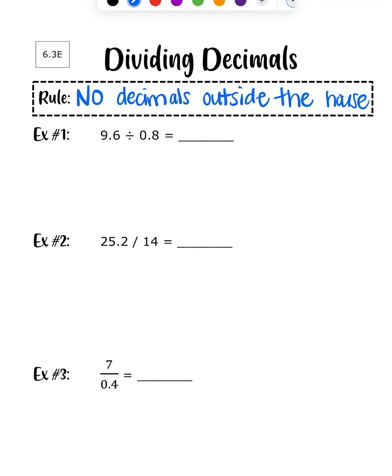So the first way that you're going to see division is your normal cowboy divided by horse, right? Number divided by number.